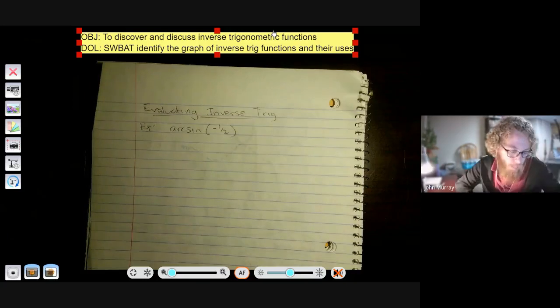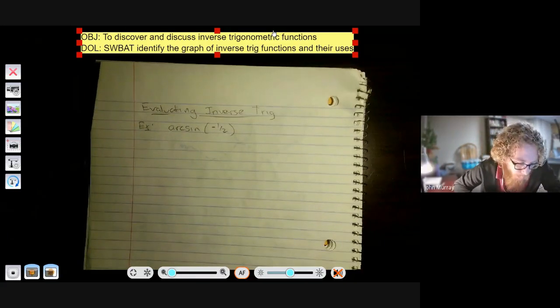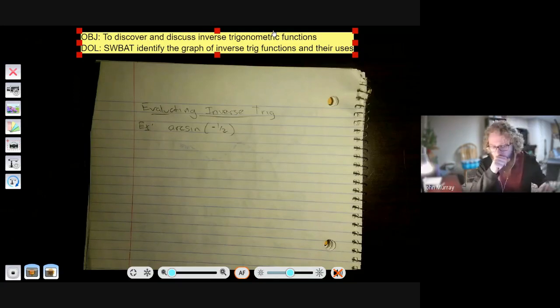One thing that we can do is if we're dealing with numbers that look familiar for our trigonometry, we can use inverse properties of methods that we used before.